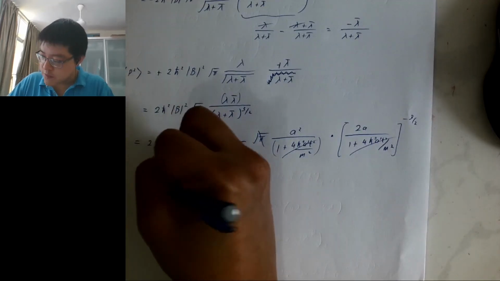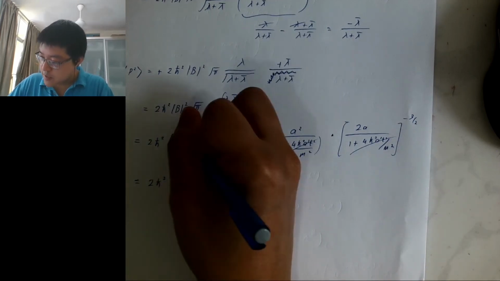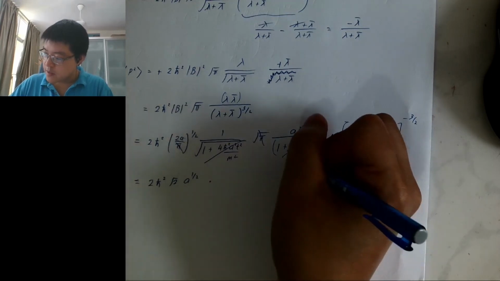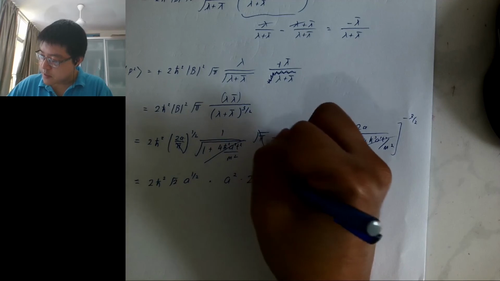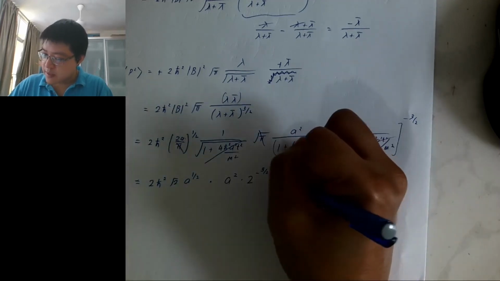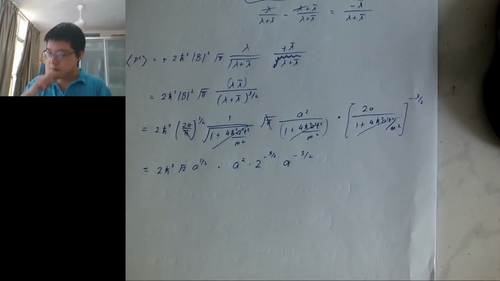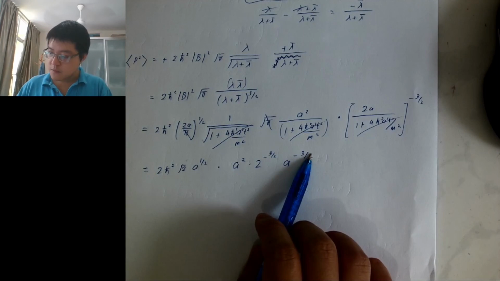This is 2h bar square, there is root 2, and then there's a half, and then I got a square, and then there's a 2 to the power of 3 over 2, and then this is a to the power of 3 over 2. Okay, so this becomes minus 2 over 2.